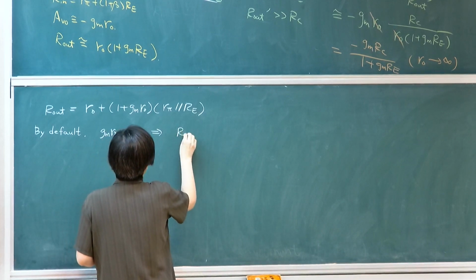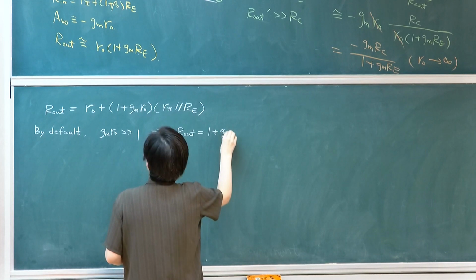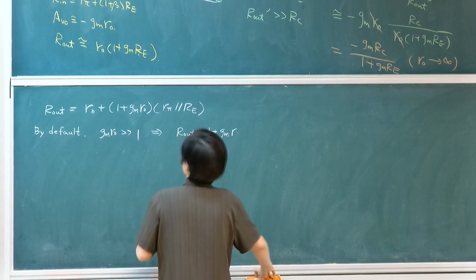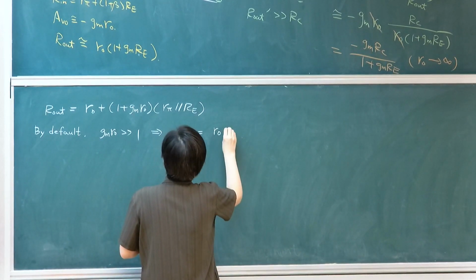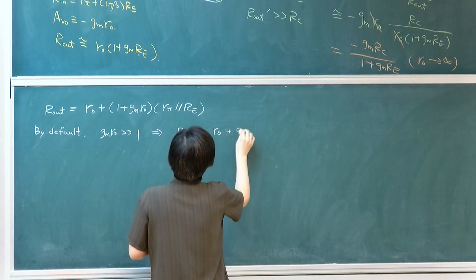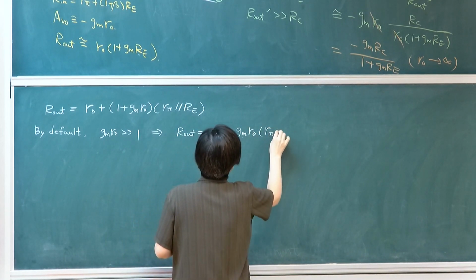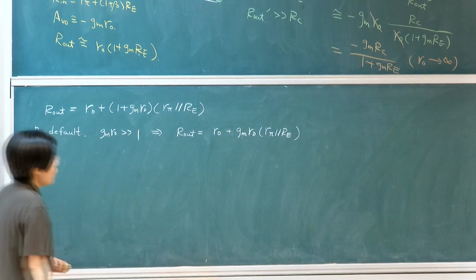So this will be RL, the first approximation, 1 plus GMRO.